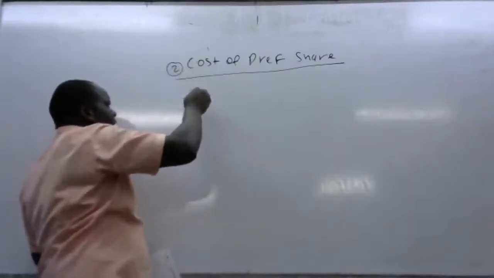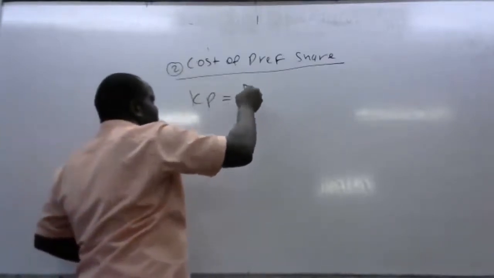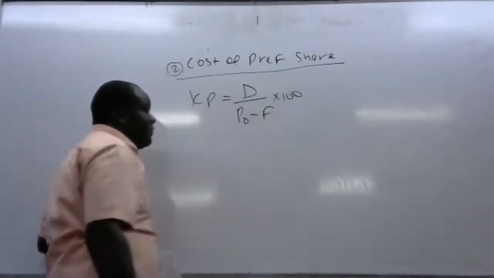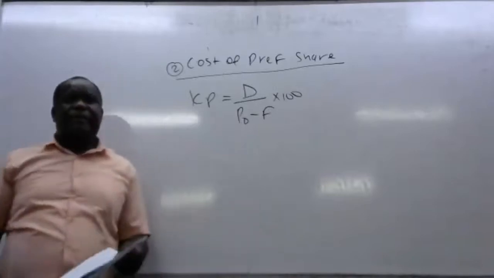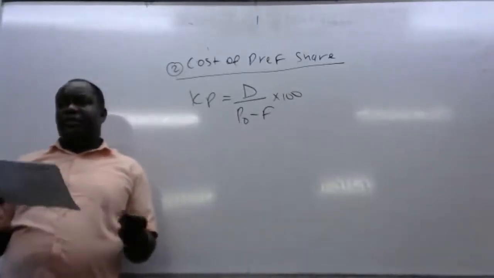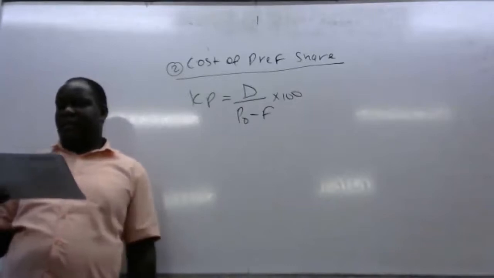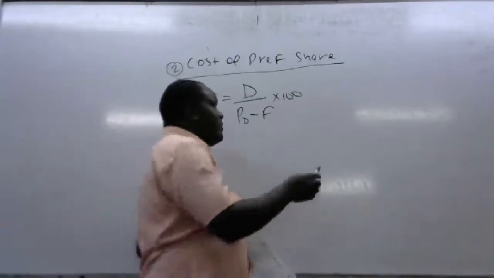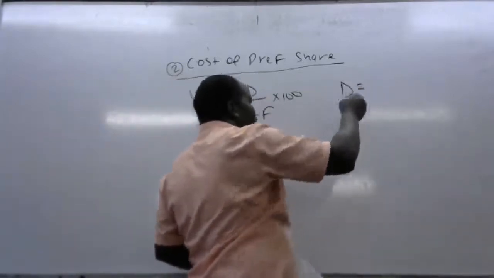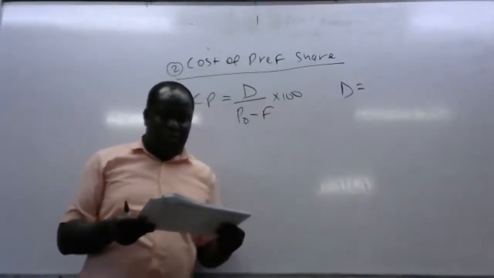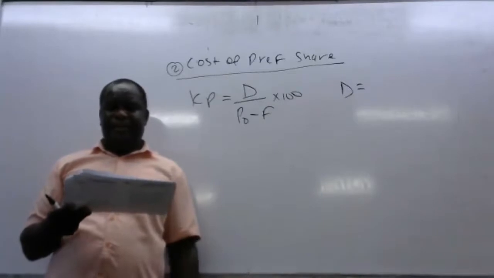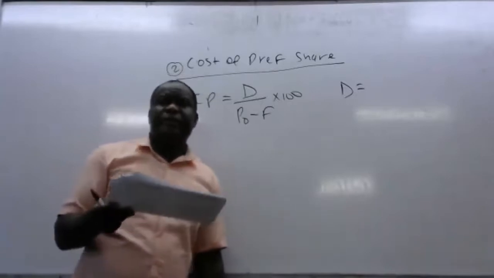It is the same as KP. It is dividend divided by P0 minus the flotation cost, then we express it as a percentage. So we check the dividends. It is there in the capital structure. Dividend is normally computed on the par value. When you check in the capital structure, you are told 8% preference share capital, and in brackets the par value is given as 20.